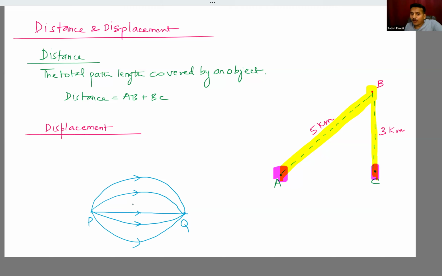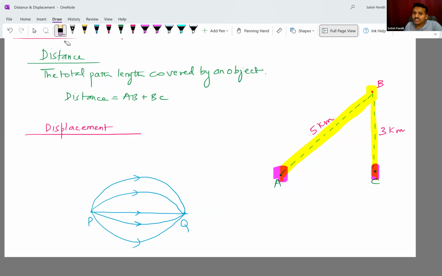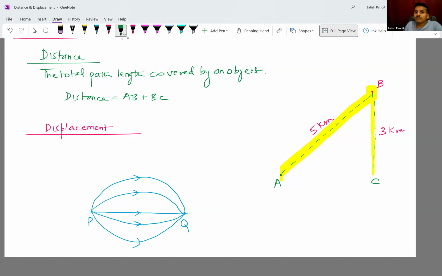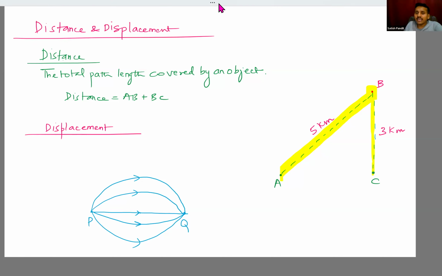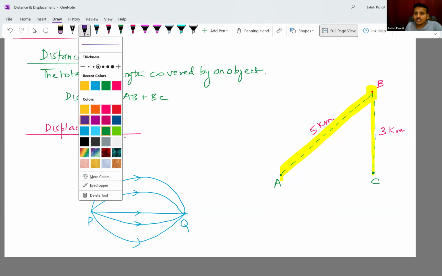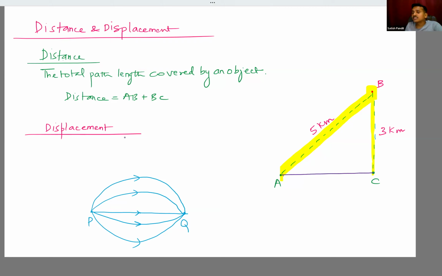So I started from point A. After some time, I'm at point C. Initially I was at A. Right now I'm at C. The shortest distance between the initial point, that is A, and the final point, that is C, between these two is called displacement. Okay, displacement. I'll tell you how to find this.